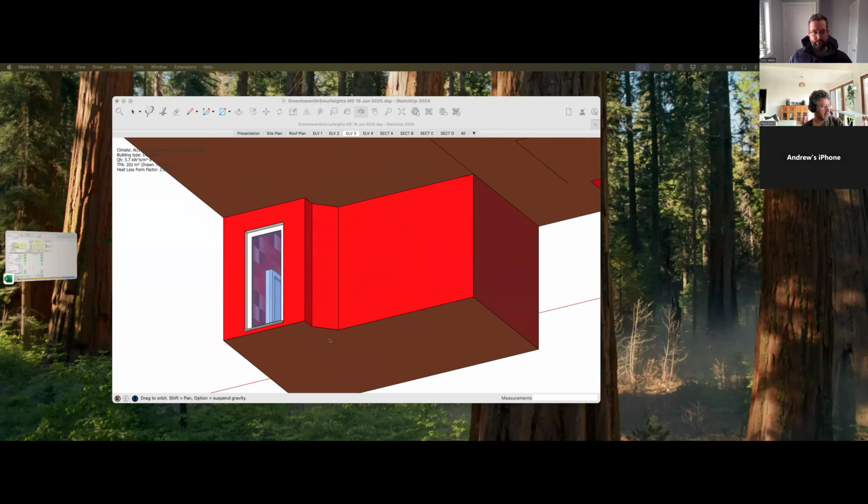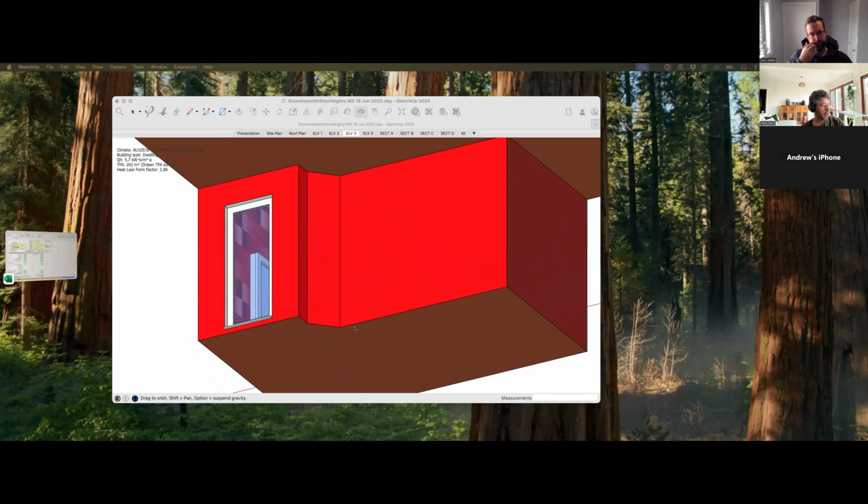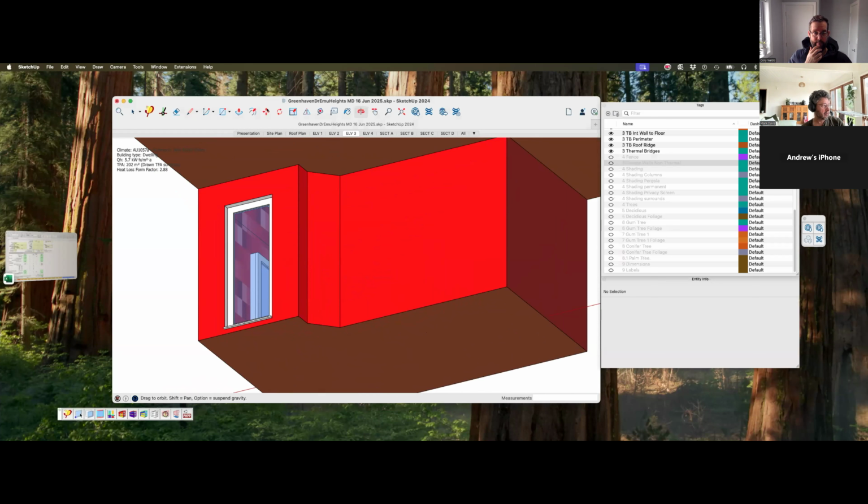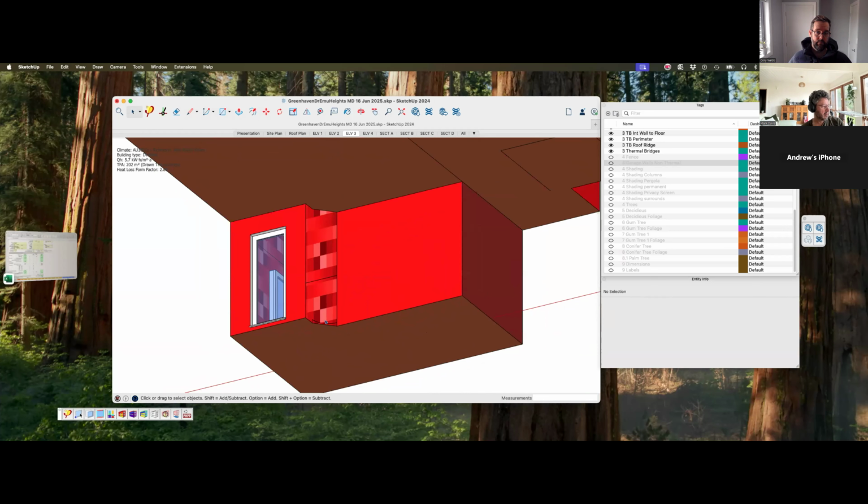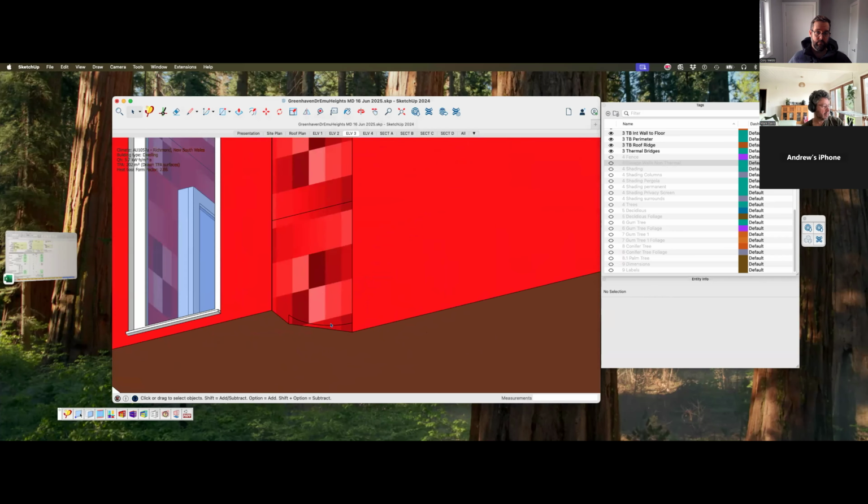So here, this wall is pushing into here. Is that right? That's right. See if I can do that. Delete that one. Delete that one. Delete that one. What's here?